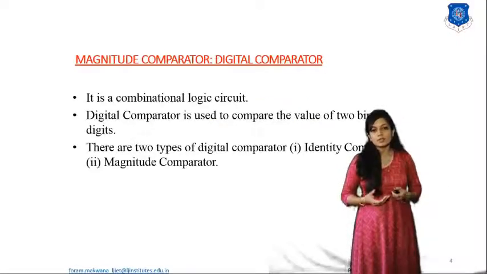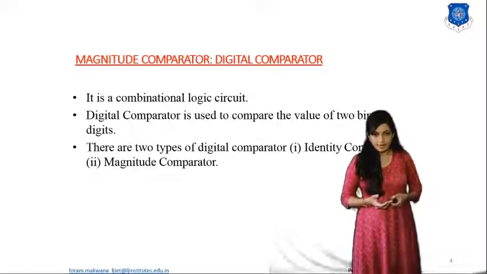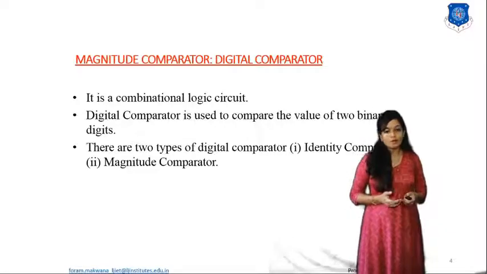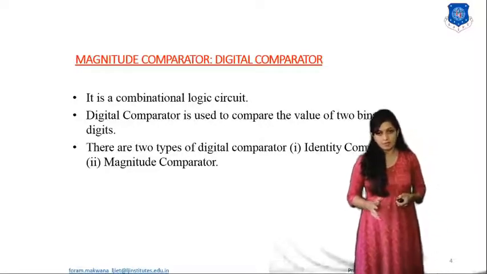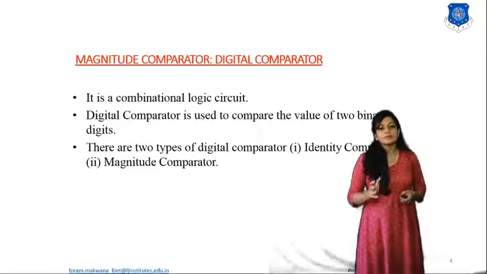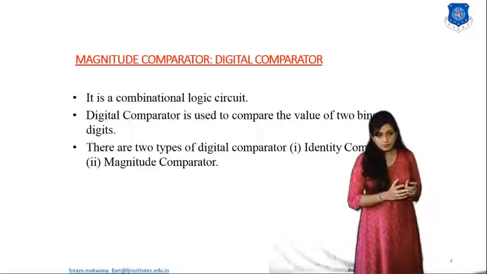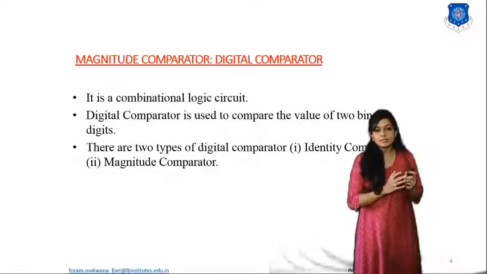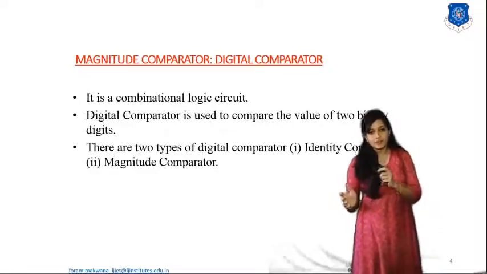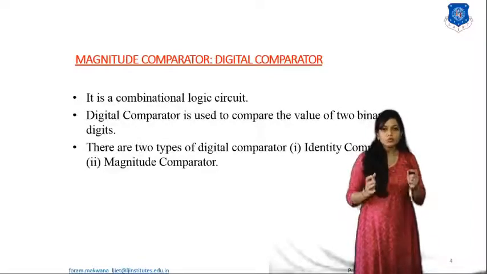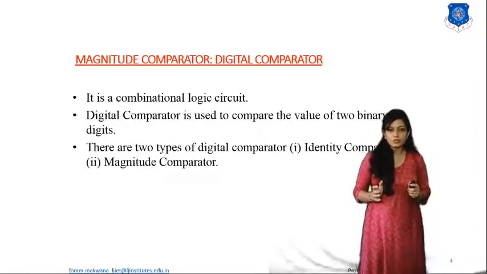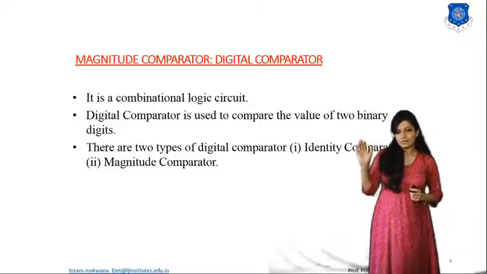Now what is a magnitude comparator? It is nothing but a digital comparator, which is a combinational logic circuit first of all. Apart from that, it is a digital comparator which is used to compare the value of two binary digits.